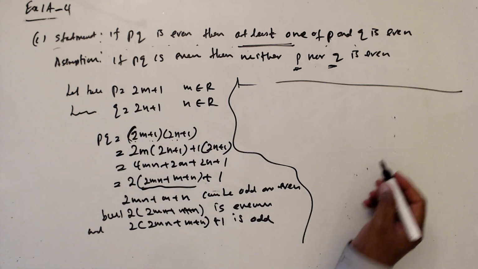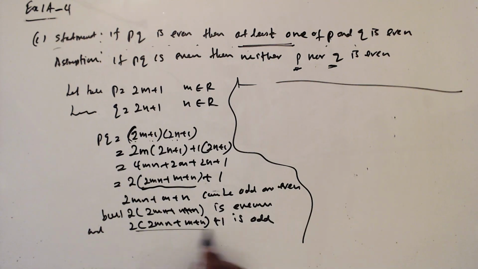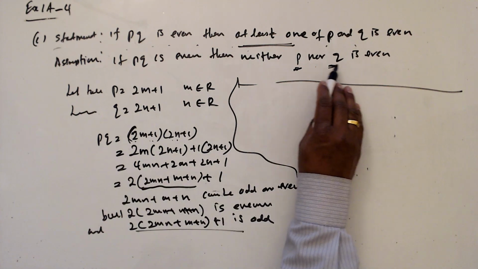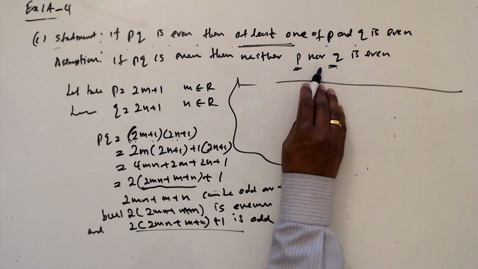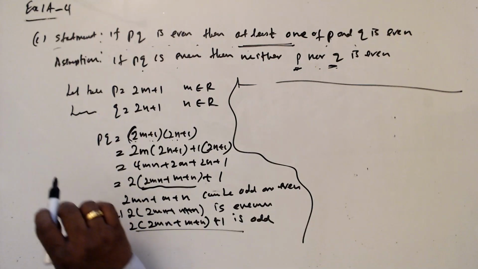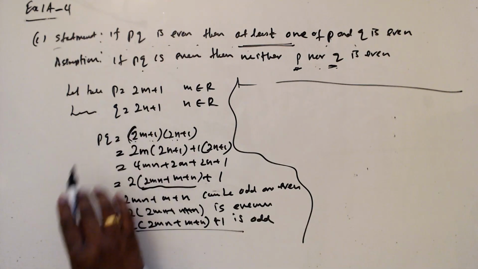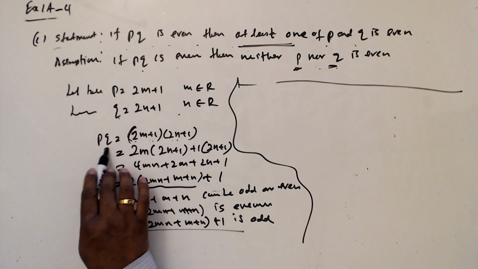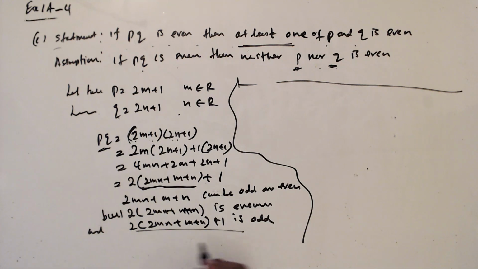Now, so this is a contradiction. So in the assumption it says that PQ is even. But we proved now PQ is odd, since P and Q are odd and PQ is also odd. This contradicts the assumption.